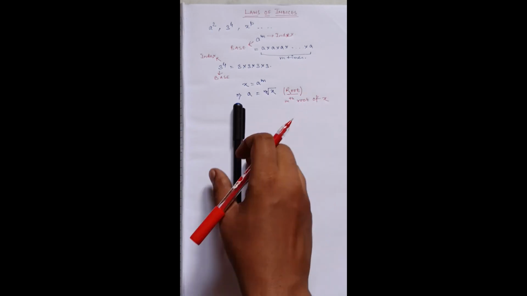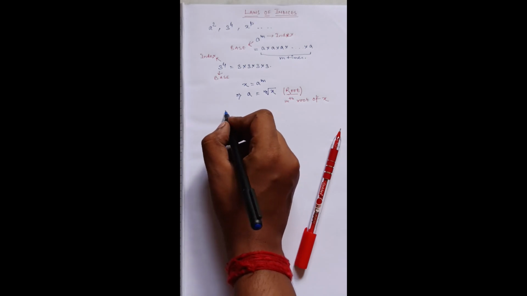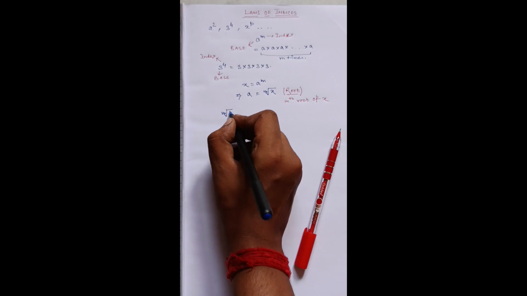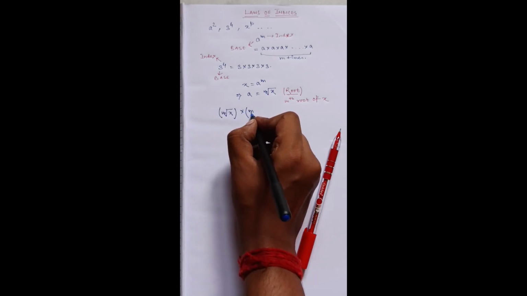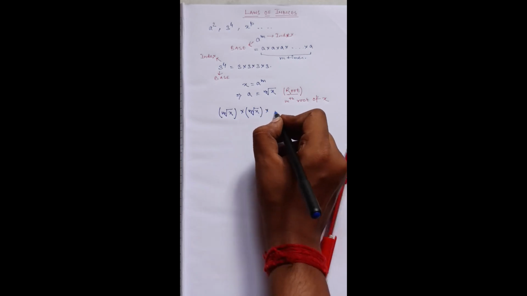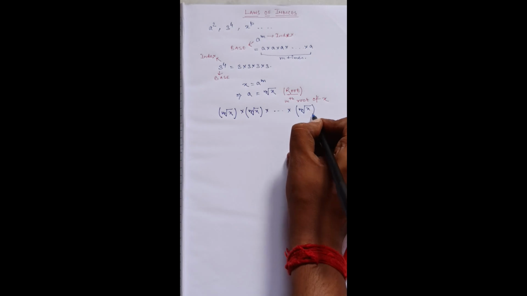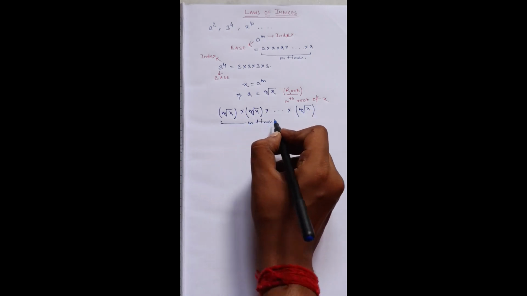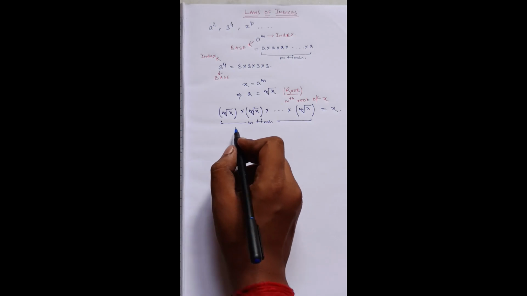That means if we multiply this mth root of x m times, then we will get back the x.